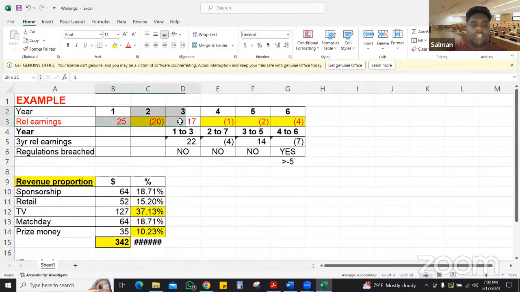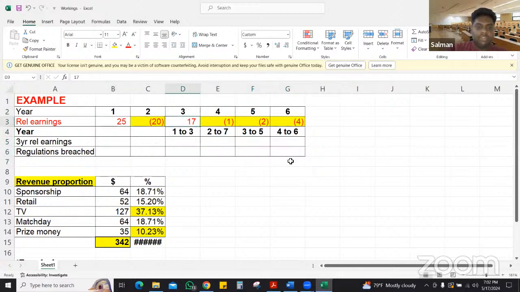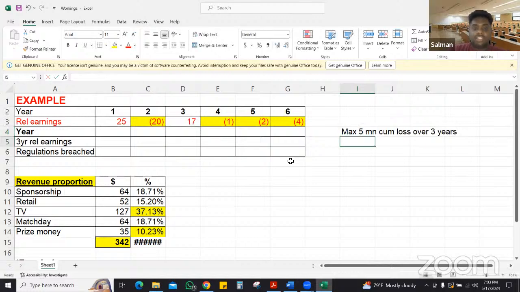So we discussed the condition is a maximum of 5 million cumulative loss over 3 years. So let's take 3 years.